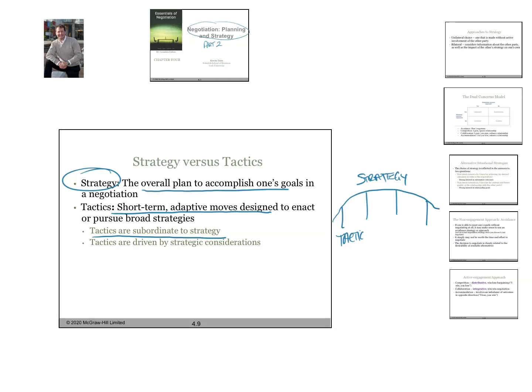Going back to our diagram, we see that we have 1 or 2 or 3 or more tactics that are governed by the strategy you're choosing. Again, we'll go into more detail as to what these strategies and tactics look like in other video tutorials. But we really need to understand that the tactics you're choosing need to be driven by the strategic consideration. In other words, strategy rules and tactics support your strategy.